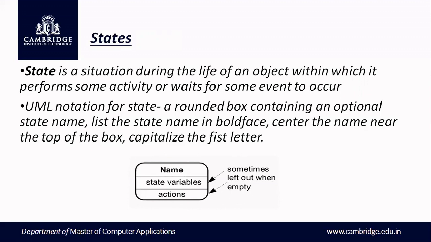Using this convention, we specify the state name. Then we have the remaining two compartments, where the second compartment is the state variables and the third compartment is the actions. In case you have any state variables, we can specify them, and in case you don't have any, you can just leave it empty, right?